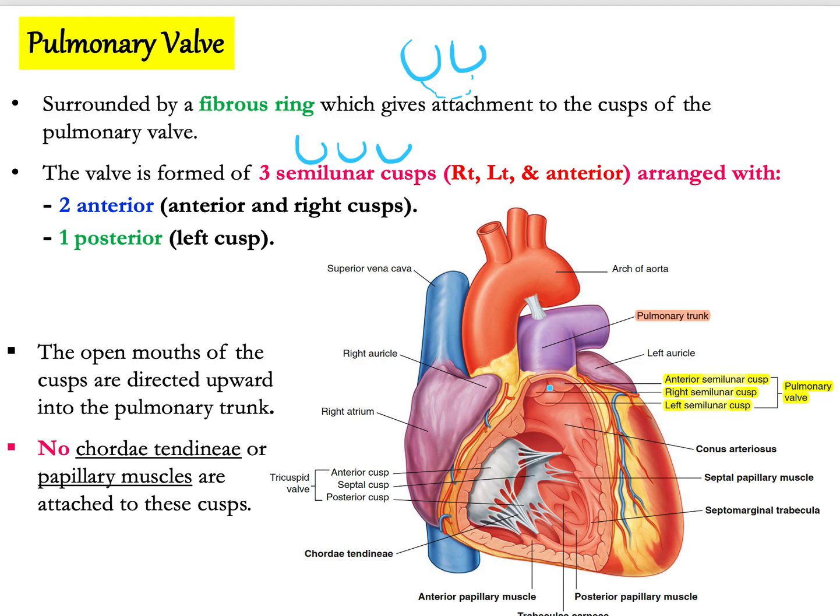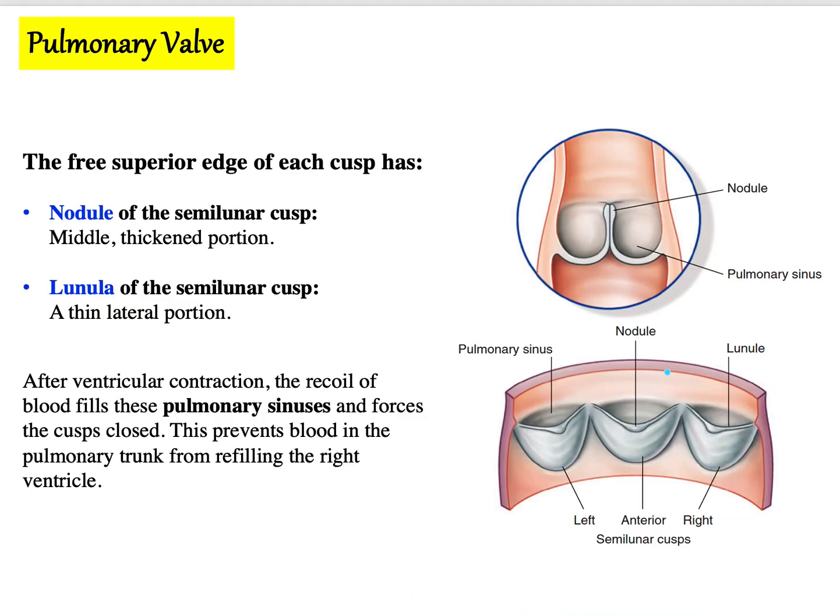For example, these two cusps: this one is the anterior semilunar cusp, and this is right. On the other hand, this is left. Why is this right and why is this left? Okay, this is anterior, maybe I can accept that, but this is right and this is left. I will show you. After this slide, we will explain the names of those cusps.